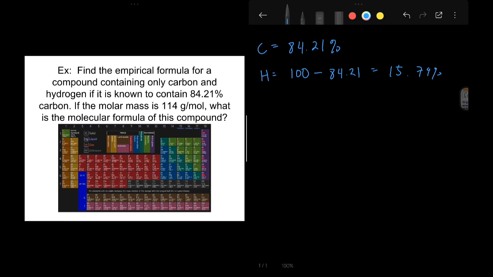So the next thing that we're going to do here is we're going to get the atomic mass unit of each element. So for carbon, we got 84.21 divided by the atomic mass unit of carbon, which is 12. For hydrogen, we got 15.79 grams divided by 1.01.